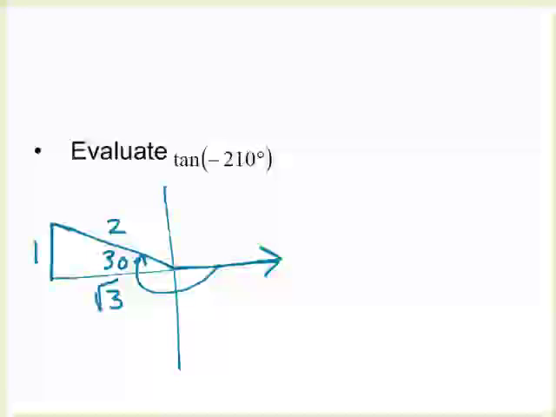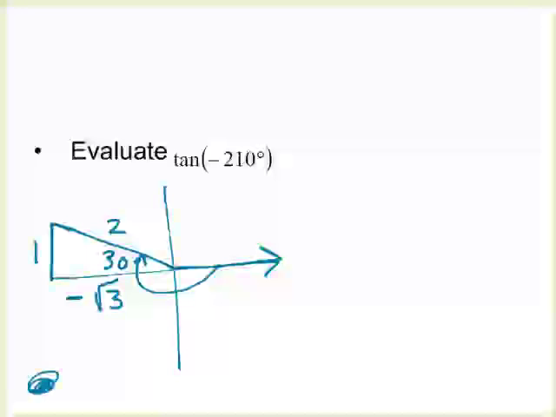So this square root of 3 is on the left-hand side of that x-axis, so that square root of 3 needs to be a negative value. That negative denotes its direction, that it's on the left. As far as vertical goes, on our y-axis we consider up to be positive and down to be negative, so that 1 is in an upward direction, so that 1 is a positive value. Hypotenuse is always positive no matter what it looks like.